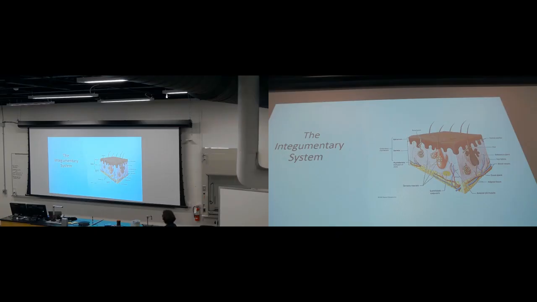And another thing that you can see here in the dermis is that it connects with these finger-like projections that are called papilla. Papilla means fingers. So you have here the papillary dermis, and then you have the dermis connecting like this.